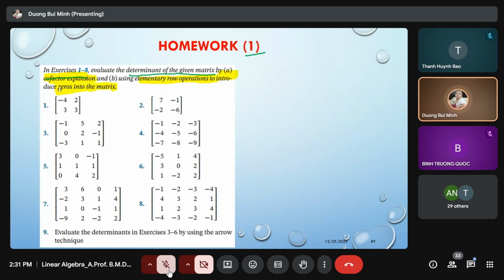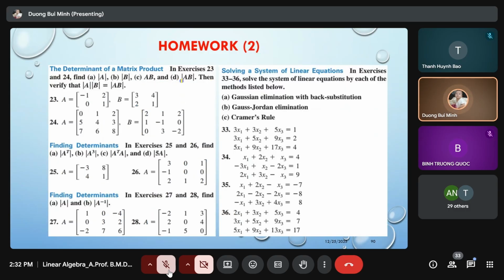So we have 2 ways. The first way, with cofactors, we don't need to apply elementary row or column operations. Otherwise, we modify matrix A to become a simplified matrix by using elementary row operations, and then we take the determinant.